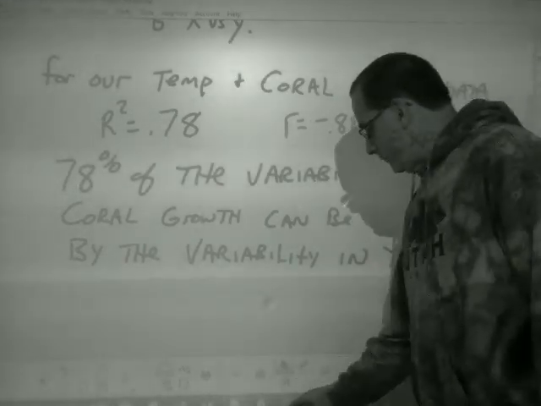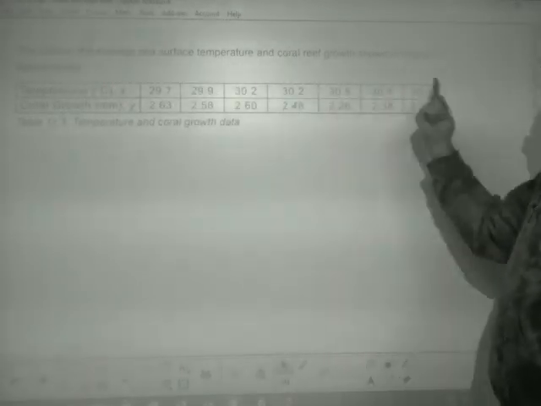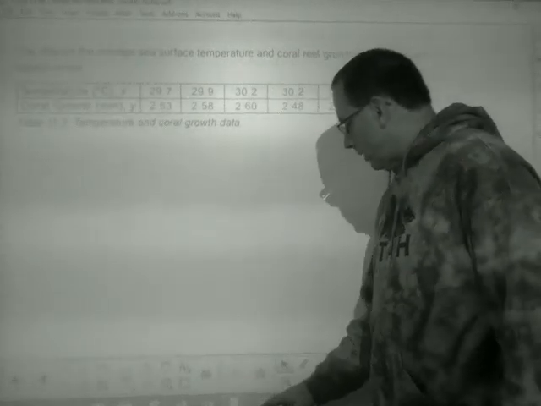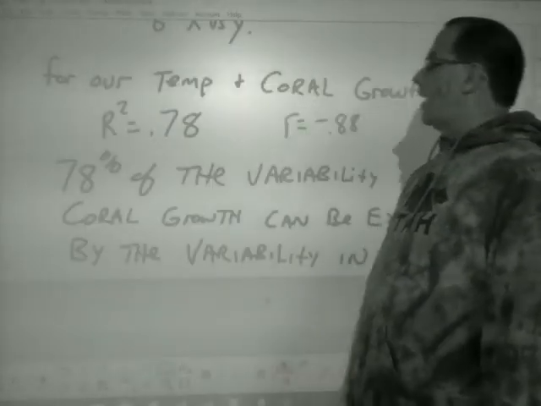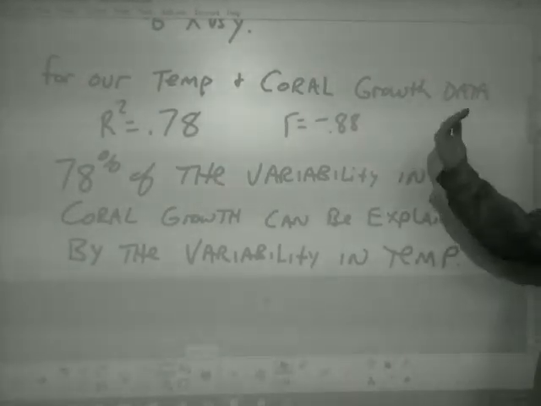So what does that really tell us? Well, we have data in which we've looked at temperatures and coral growth. And does temperature seem to impact it? Yeah. As temperature went up, coral growth went down. For every 1 degree temperature, we lost coral.